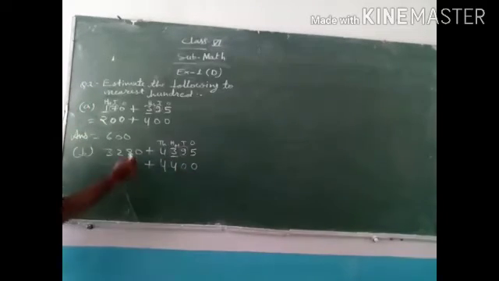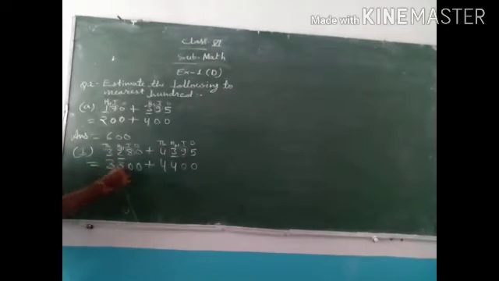Again, ones, tens, 100, 1000. We have to round off at the 100 place, so we have to see the tens place. Here is 8, greater than 5. So this becomes 0 and this is also 0, and here plus 1: 2 plus 1 is 3, and here also 3.